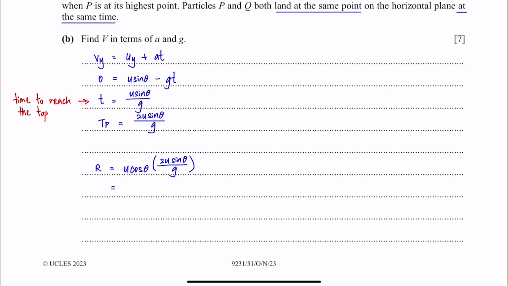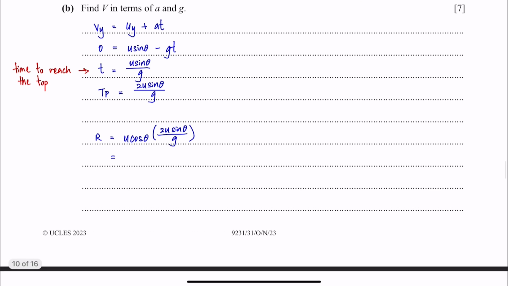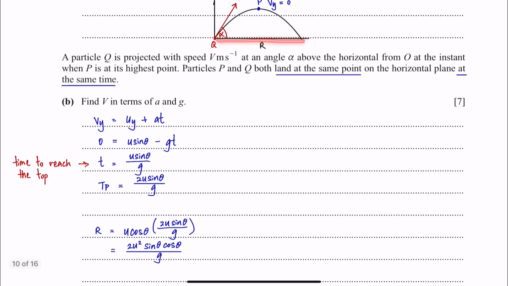So we would have 2u squared sine theta cos theta over g. And now we have the horizontal distance, we call it the range.